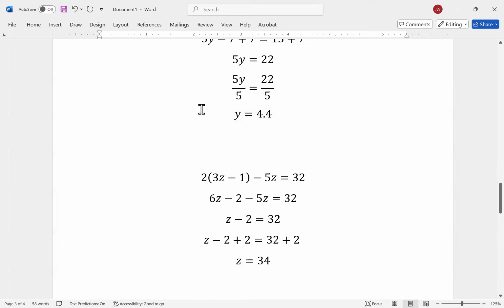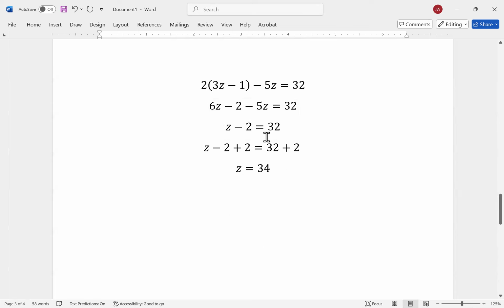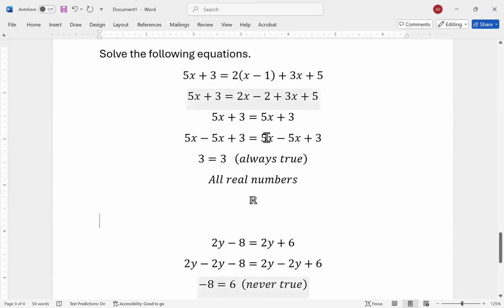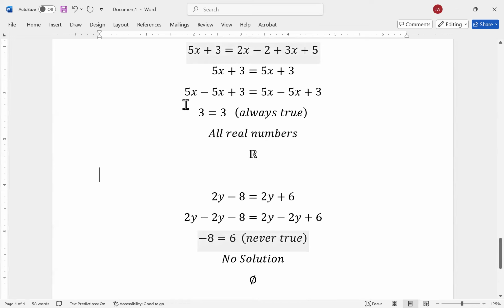And that's what's going to happen most of the time. So these are actually the three options for solving a linear equation. You either get variable equal to a number, that happens most of the time, or the variable drops out and you get all real numbers or no solution.